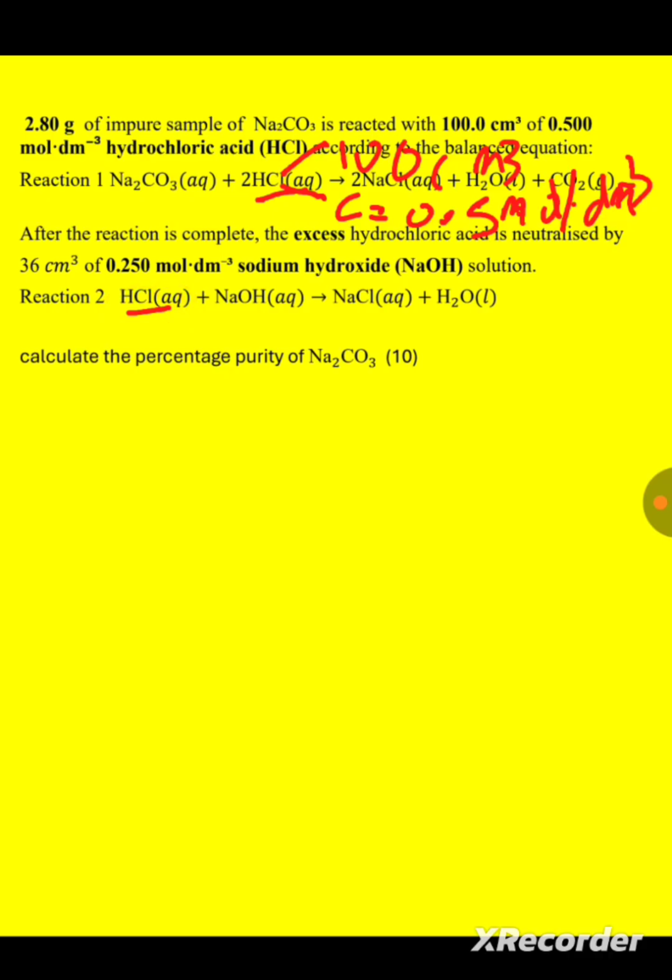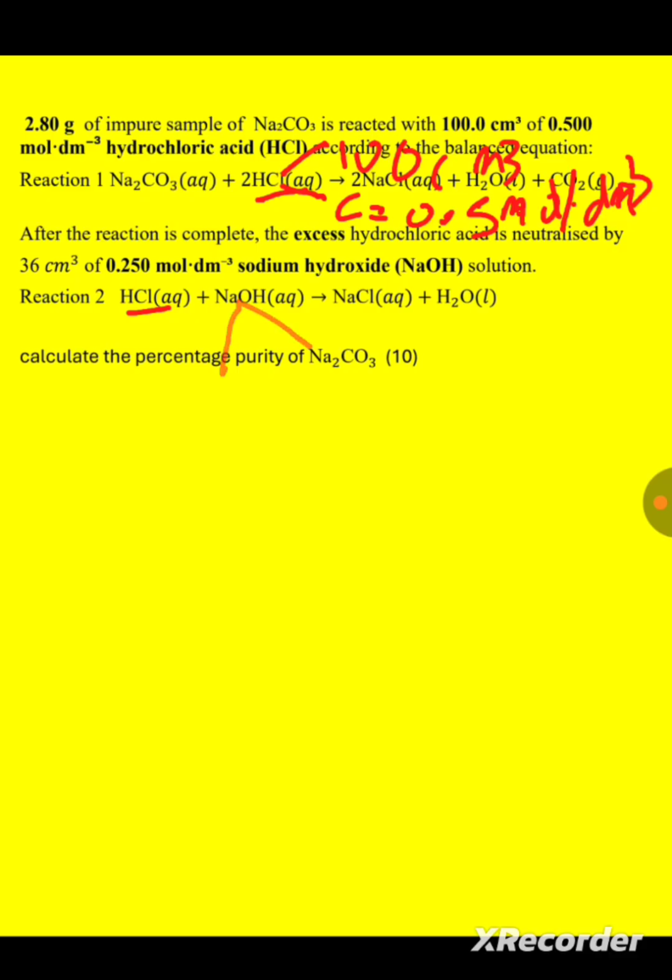So let me check. They say after the reaction is complete, the excess hydrochloric acid is neutralized by 36 cubic centimeters of 0.25 mole per cubic decimeter sodium hydroxide. So we are given information about sodium hydroxide.